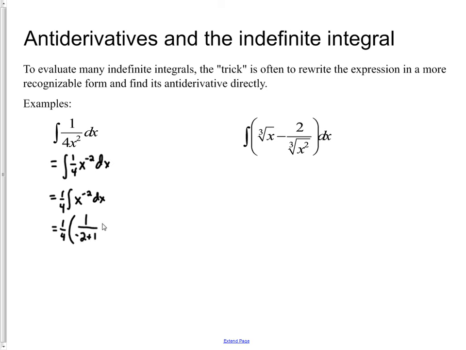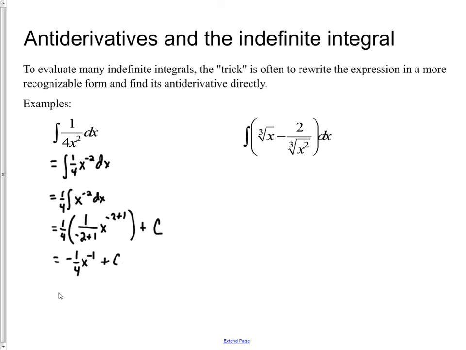Remember, this always worked as long as the exponent was not negative 1 itself, raised to the negative 2 plus 1 power. And to the end of that, we're going to add a constant of integration. Working this through, negative 2 plus 1 is negative 1, so we end up with negative 1/4 times x to the negative first plus our constant.